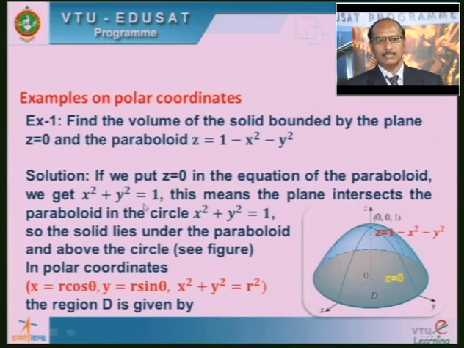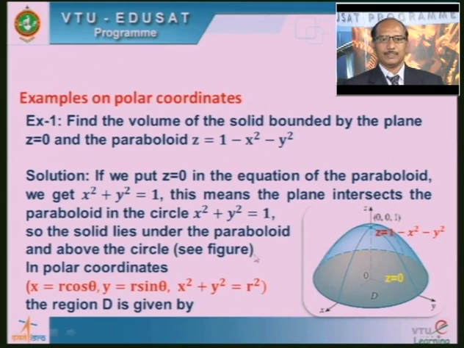This is clearly the equation of a circle centered at the origin with radius 1 in the xy plane. This means the plane z equal to 0 intersects the paraboloid in this circle. So the solid lies under the paraboloid and above this circle. We need to find the volume of that solid.